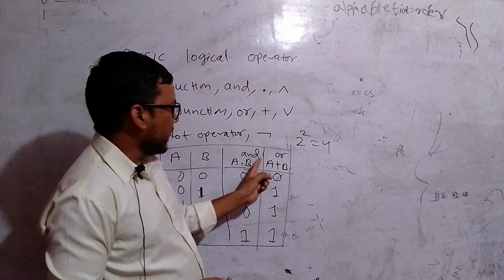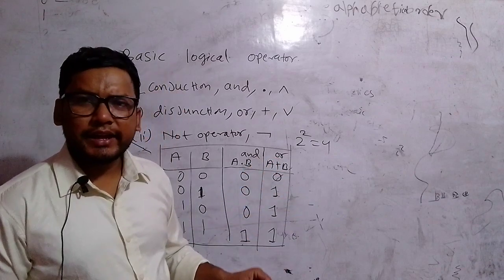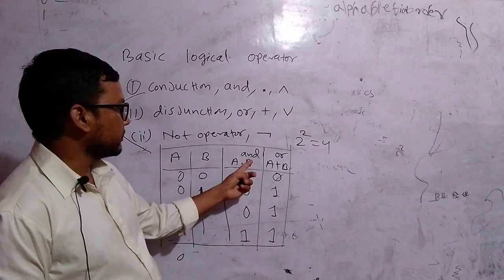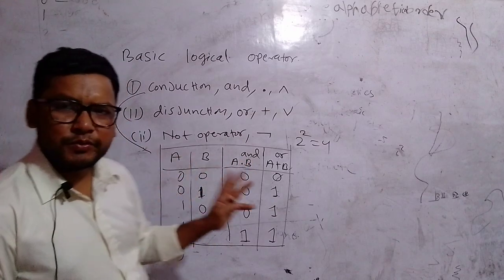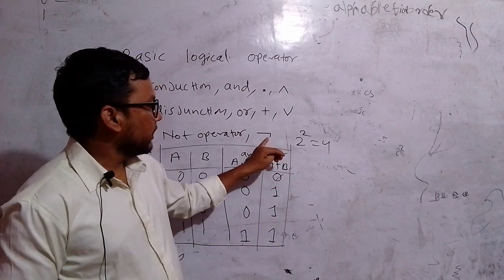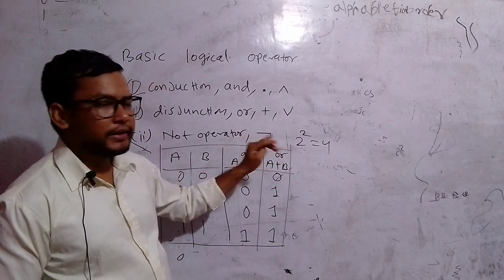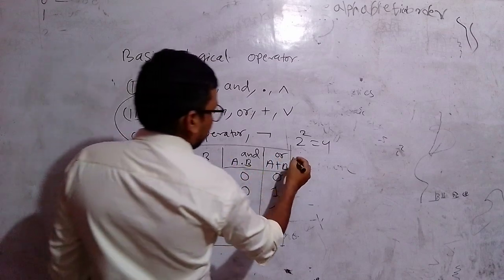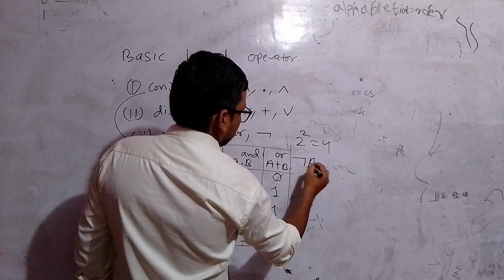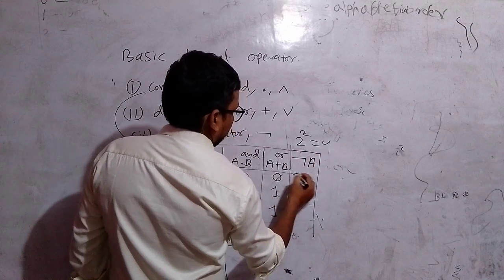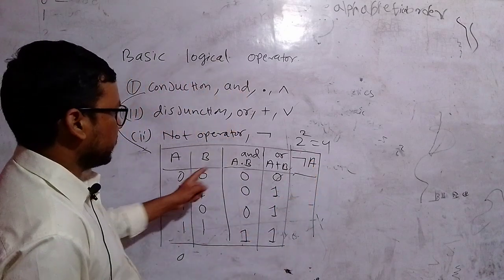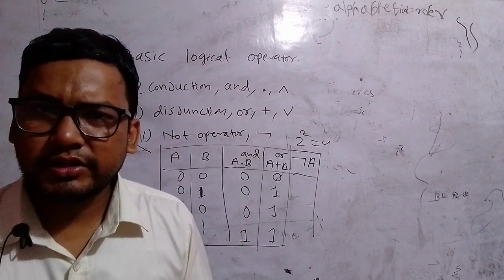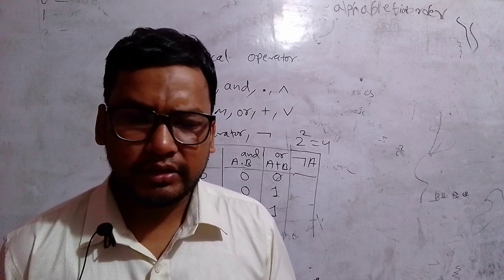Now, AND and OR operations can take any number of inputs. This is the 2 input AND operation. It can have 3 inputs also. And the NOT operator takes only one input and produces only one output. Suppose NOT of A. In this way we can write NOT of A. The NOT operation takes only one digit and reverses it.